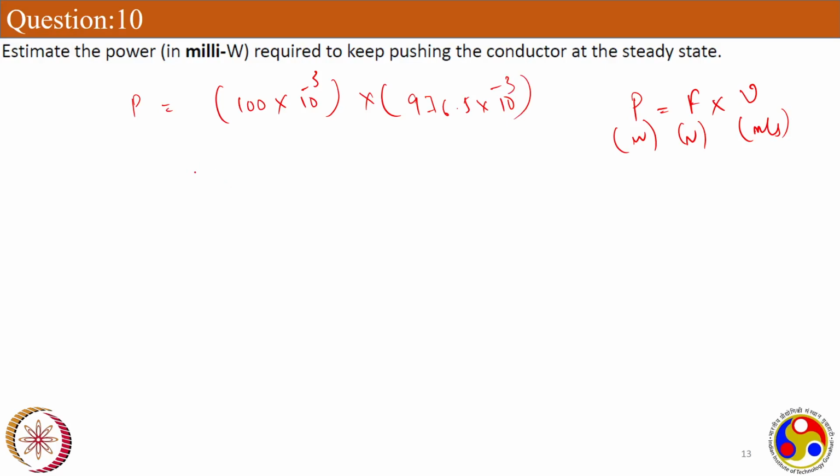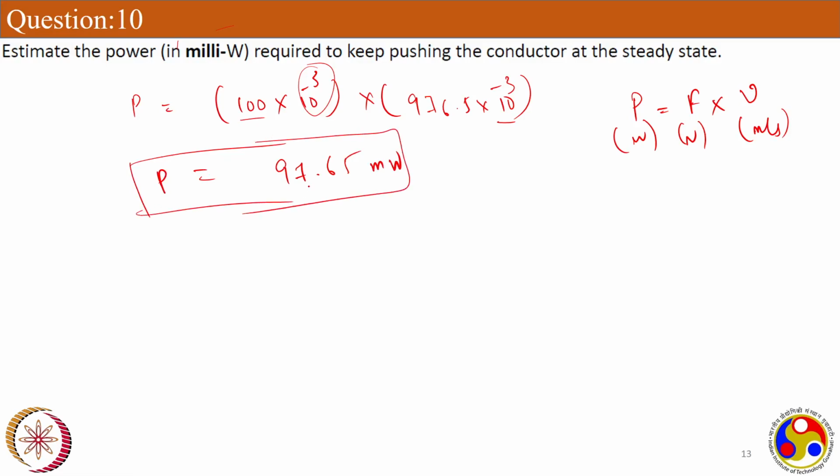They are asking in milliwatts, so I'll keep the 10 power minus 3 as it is, and there is a 100 here, and a 10 power minus 3 minus 1. So it's 97.65 milliwatts. That is the power required to keep pushing.